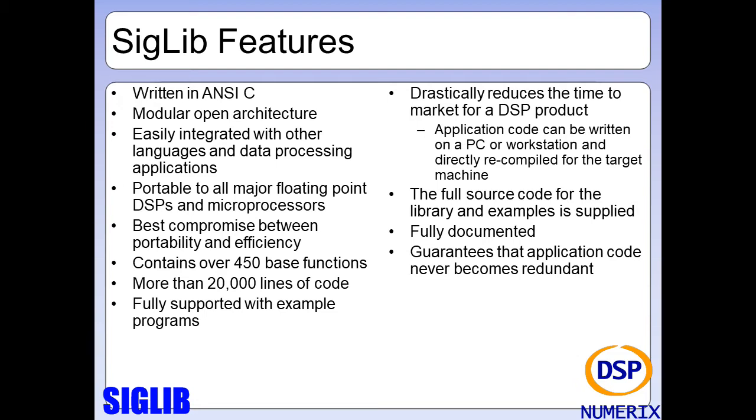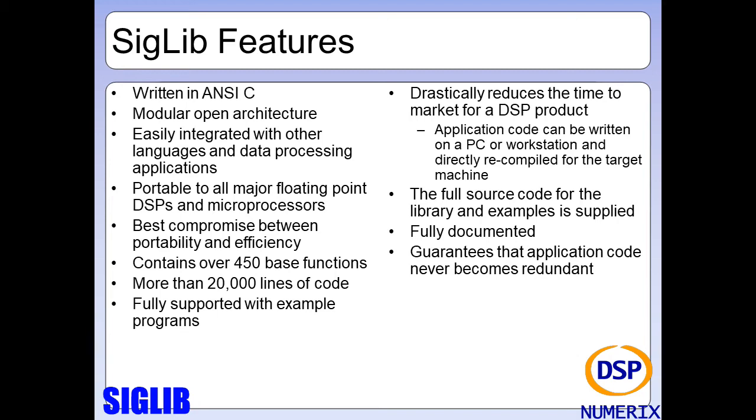The library contains over 450 base functions in all areas that we've discussed already: telecommunications, spectrum analysis, and more. The code base includes more than 20,000 lines of code, and this is fully supported with example programs, and there are examples for all of the functions included within the library.